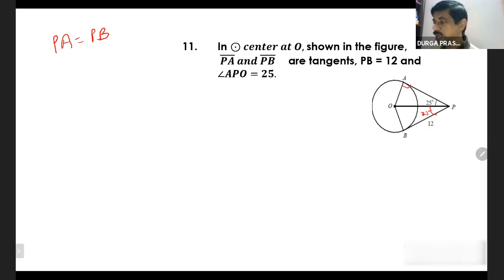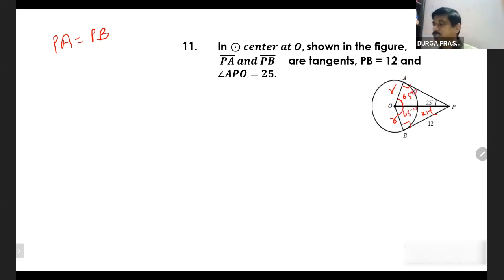This is 90 as it is a tangent, this is also 90. OB is radius, OA is also radius. Now, this angle is 90 minus 25. So 65. So this is also 65.